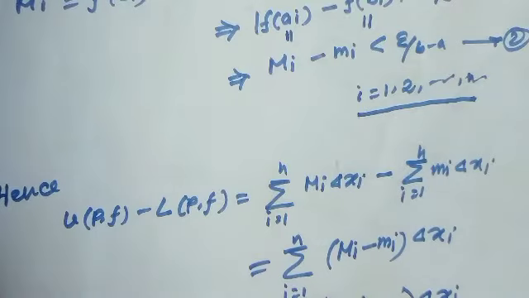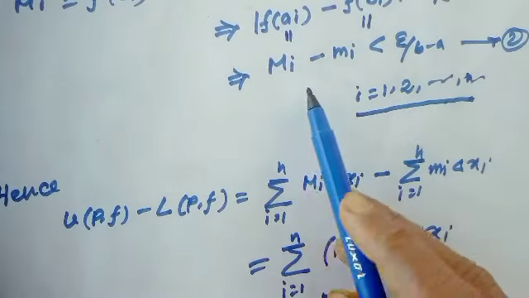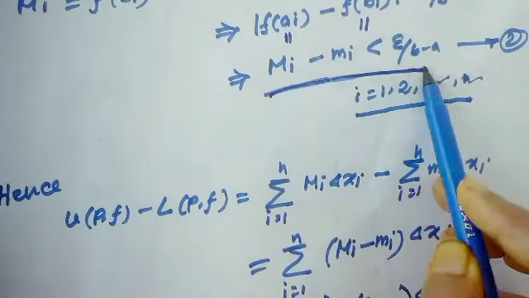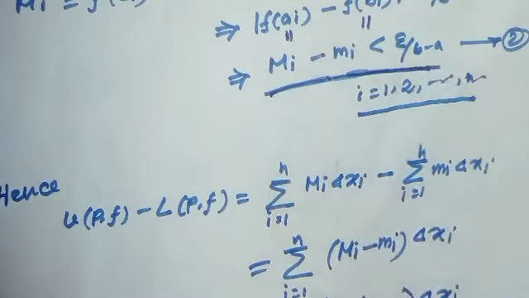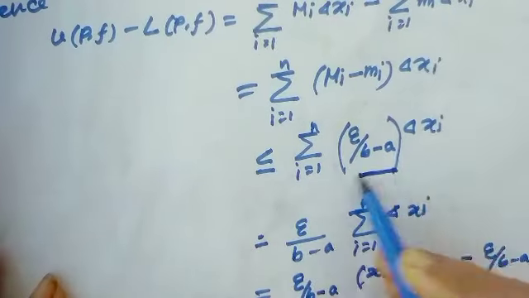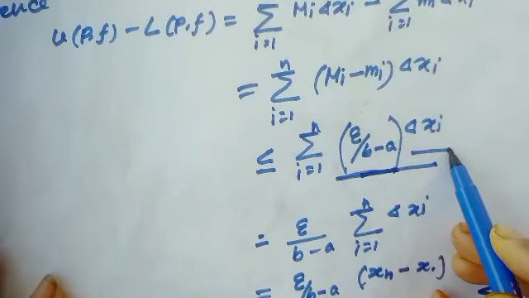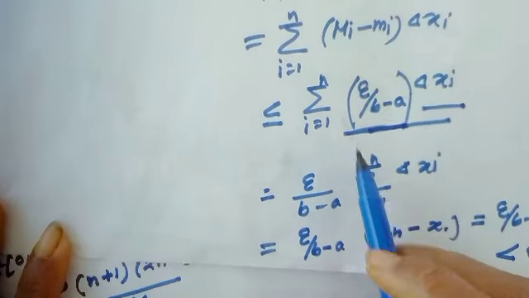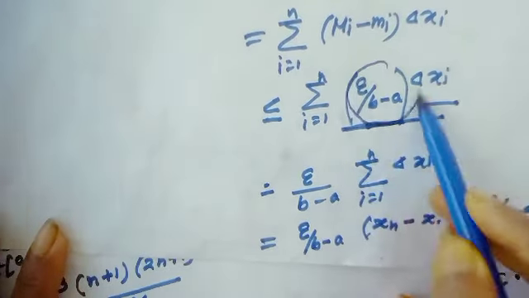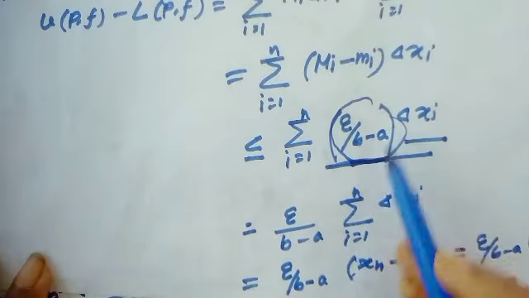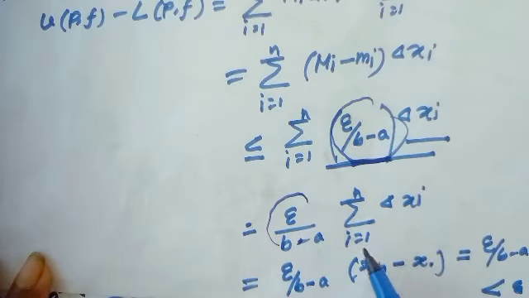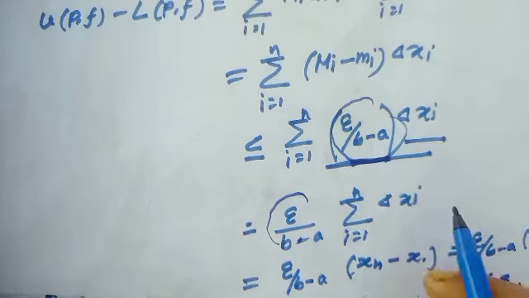Now obviously from this equation, since this value is less than epsilon over b minus a, put this value times delta xi. Then just remove this part from the summation, and this value would be epsilon over b minus a times the summation from i equals 1 to n of delta xi.